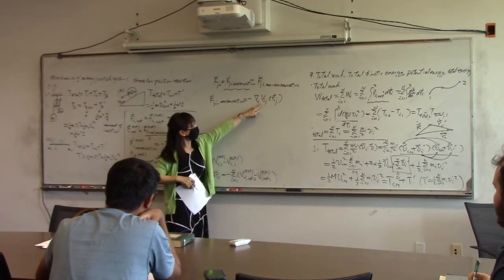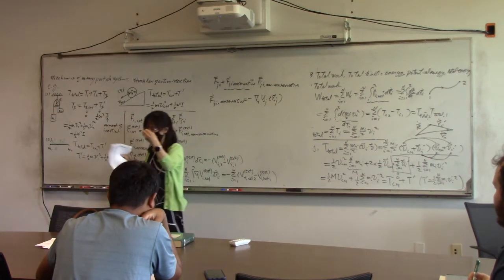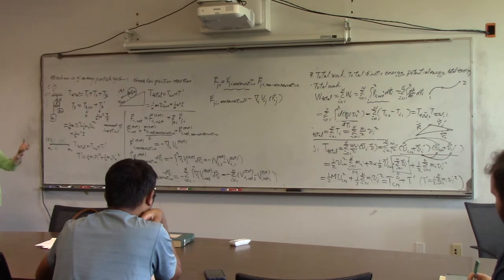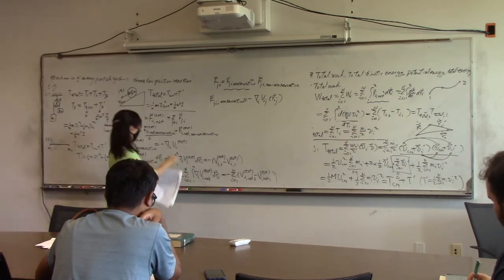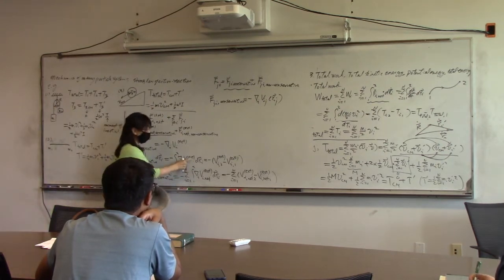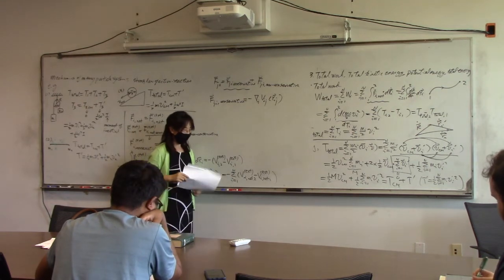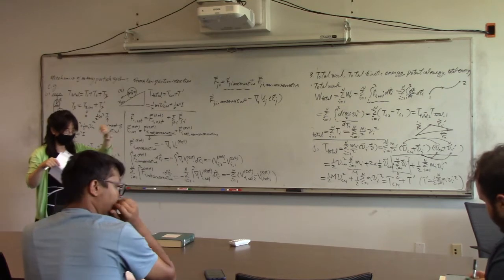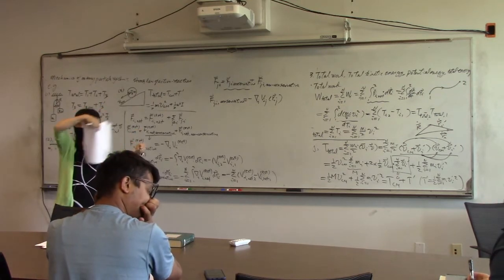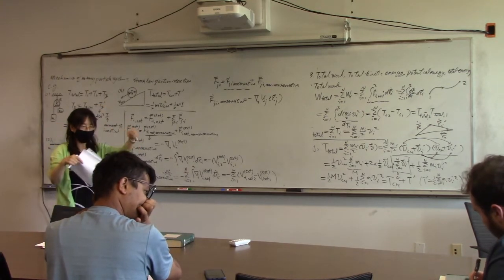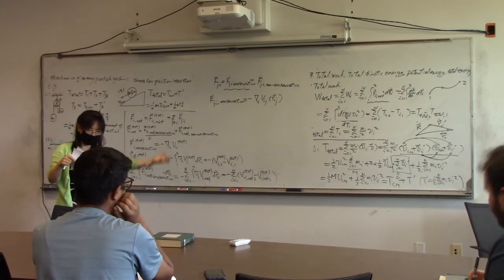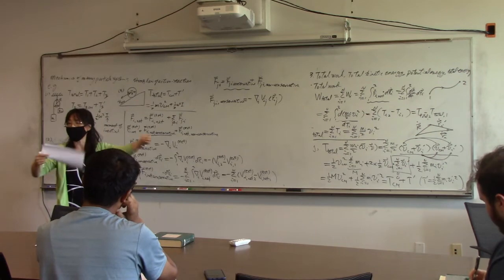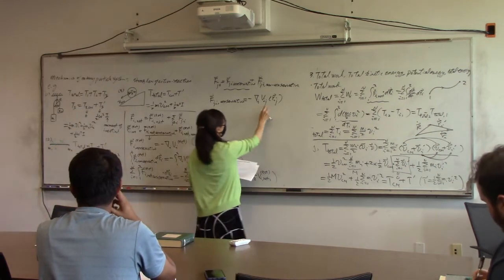Here, this potential is the internal potential, the interaction between two particles generated by the internal force, right? So I use index ij to distinguish this from the external. Like if you consider a molecule, you know the external is the gravitational potential. If the molecule is a charged particle, maybe it has the Coulomb potential, but the internal is the interaction between the two molecules, right? So that is this index.